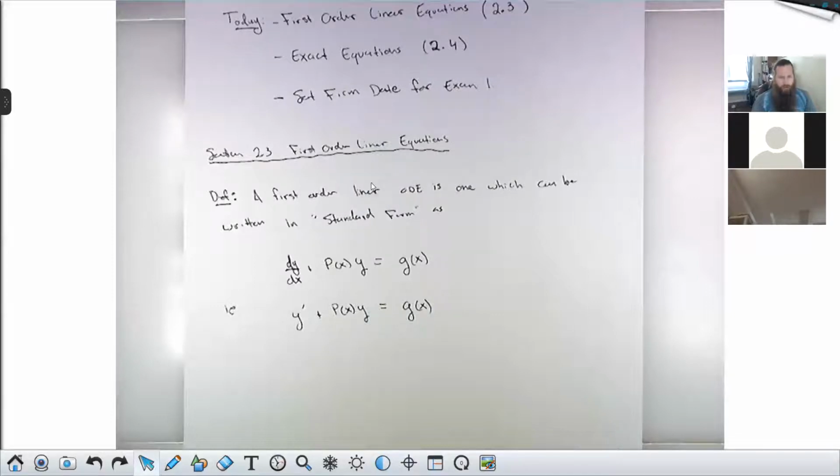That's what linear really means. It's going to be really important when we talk about higher order linear equations, the fact that you can superimpose solutions. If you have two solutions and you add them together, you get another solution. That's called taking a linear combination. Or if you multiply one solution by a constant, add it to another solution times some constant, then that will give you another solution of the ODE. And that's the sense in which we care about linearity.